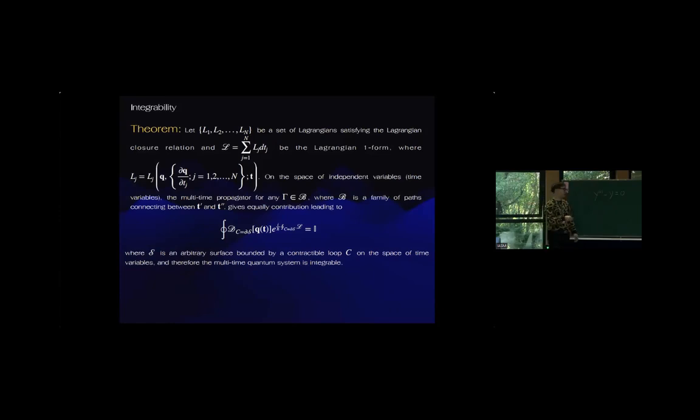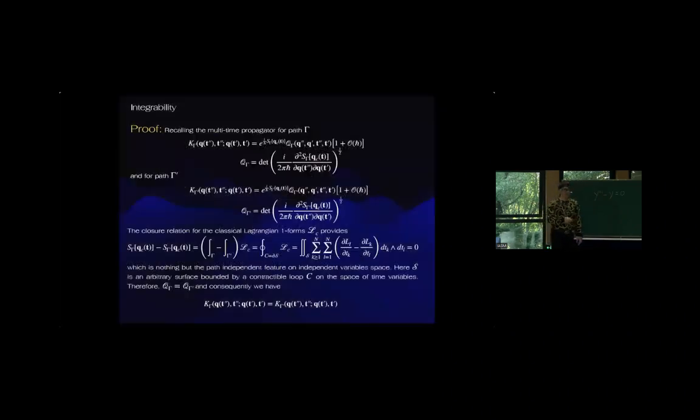It means that the loop part does not contribute to the propagator for the evolution of your system. Okay, right. So now we're going to give you a proof.